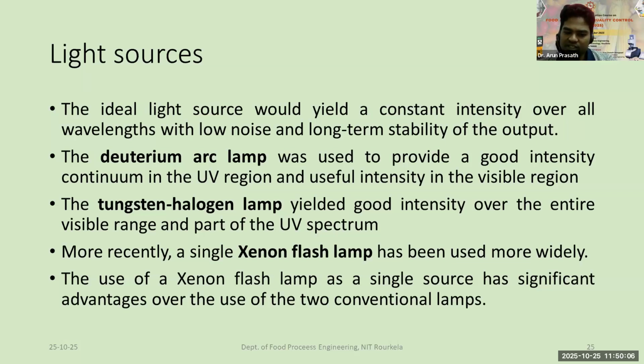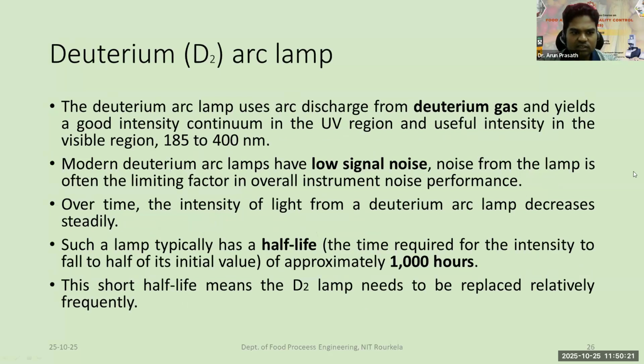And most recently, the single xenon flash lamp is used widely, and it has a significant advantage over the other conventional lamps. So these are some of the specifications and advantages of using different types of lamp.